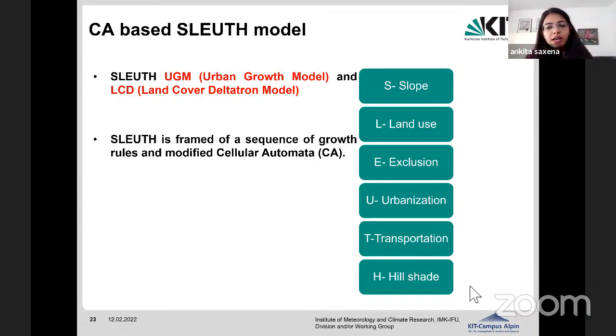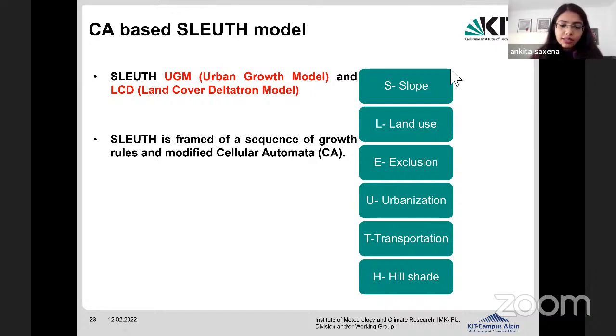Next is urbanization: we need historical urbanization information, how urbanization has taken place in the past. And we need transportation networks, the proximity of your urban places to the main roads, or maybe railway stations also, but we have considered road only. And hillshade is just for visualizing purposes. There is no role in the calculations.